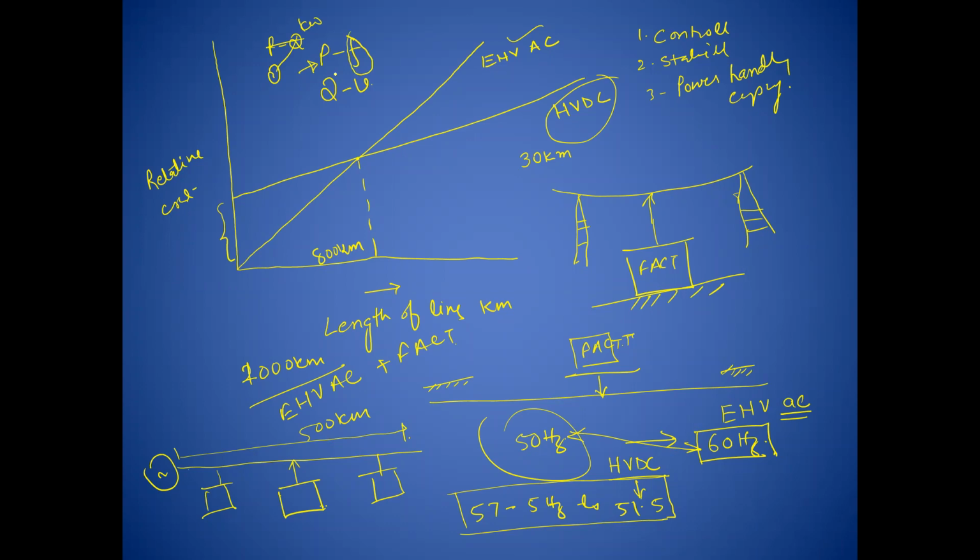Whereas when there is a change in the reactive power, kVAR, whether capacitive or inductive, the voltage is going to change. So if you want to maintain the voltage constant, we have to maintain the reactive power, and if you want to maintain the frequency within the permissible limit, definitely the active power has to be maintained properly. So this is a relative comparison between the HVDC and EHV systems.